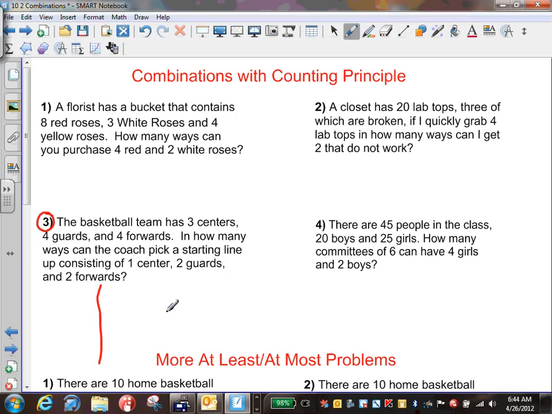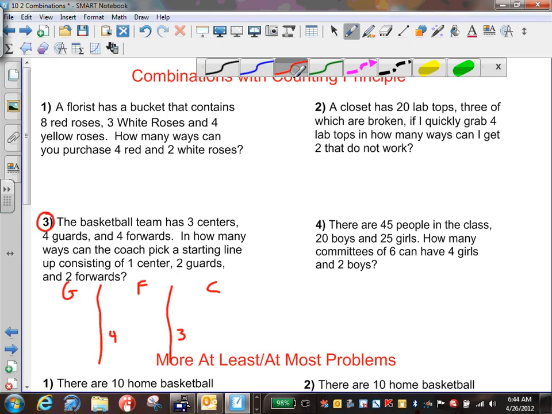So here we have guards, forwards, and centers. And you want to look at all possible choices. There are 3 centers to choose from, 4 forwards. I'm sorry, got these in the wrong spot. 3 centers should go over here. There are 4 guards, 4 forwards, and 3 centers.